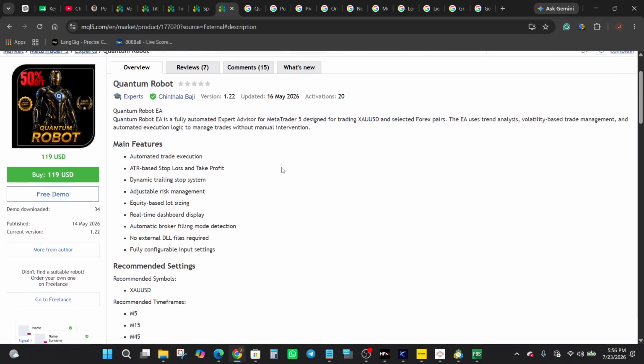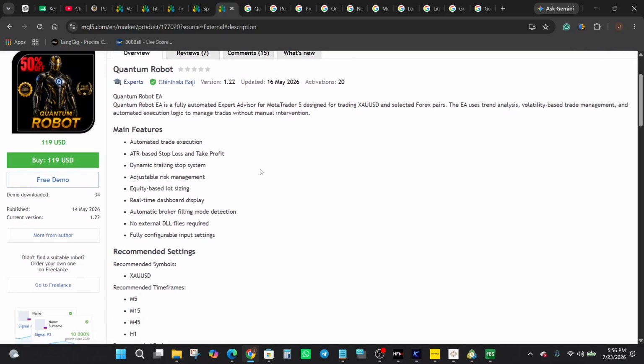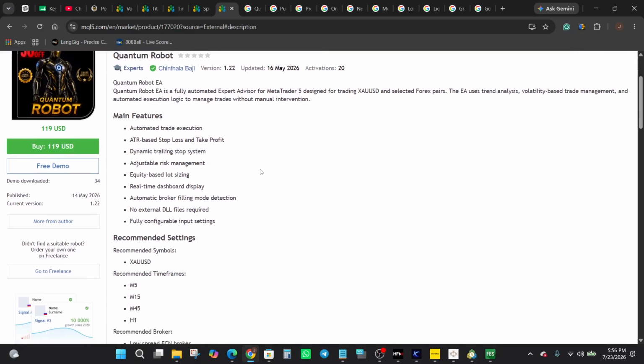The EA is described as a fully automated trading system that combines trend analysis, volatility-based trade management, and automated execution logic. The exact entry algorithm is not disclosed, which is fairly common with commercial expert advisors, so we can only evaluate the features that have been publicly shared.